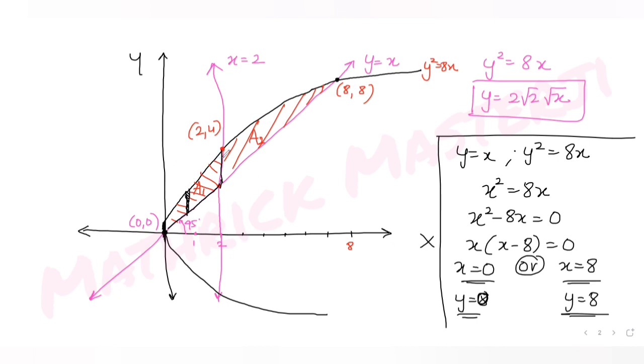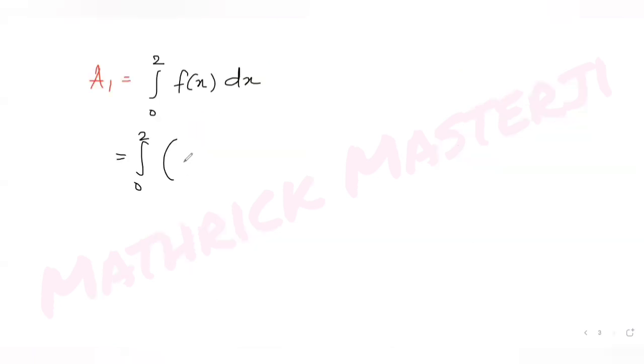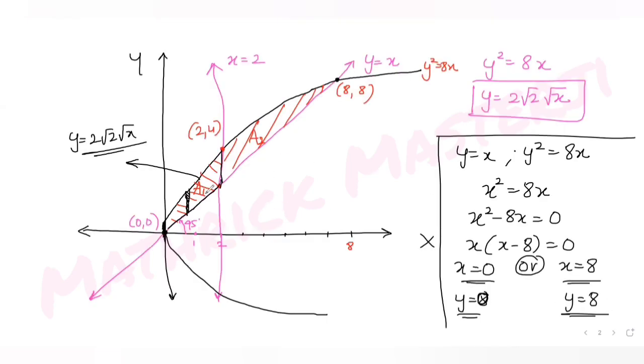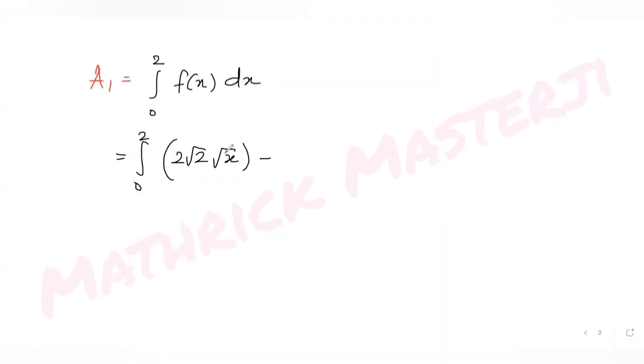If I write it in terms of x, y square is equal to 8x. So from y square equals 8x, I get y equals 2 root 2 root x. If I write it, the value is 2 root 2 root x minus the below line, which is the line equation y equals x. So I write this x.